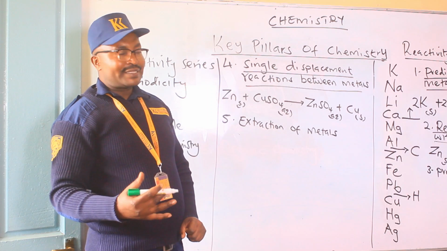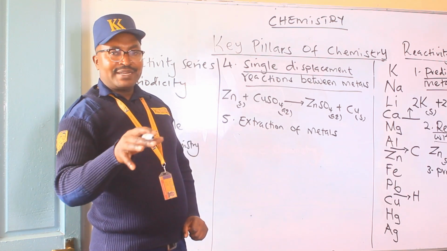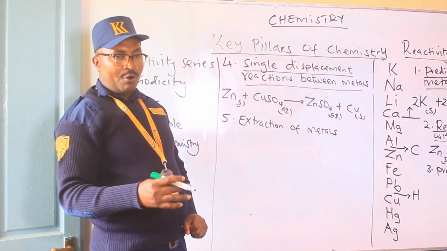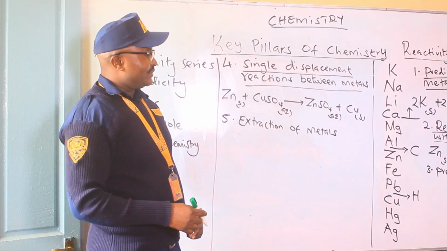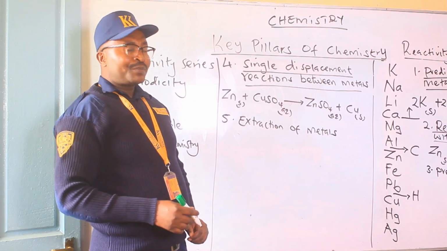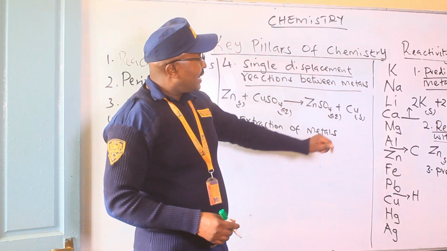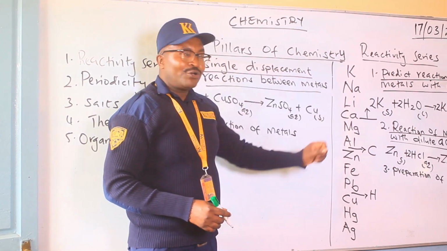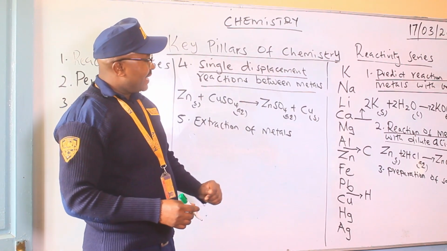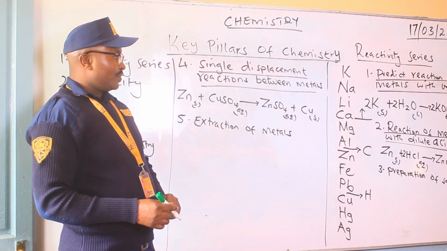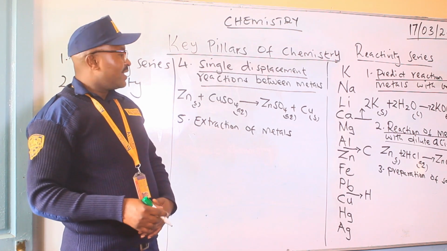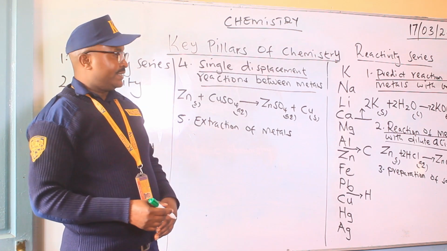Reason being that carbon is above them in the reactivity series, and the carbon will act as a reducing agent. However, metals like potassium and sodium, which are higher in the reactivity series, will be extracted through electrolysis.